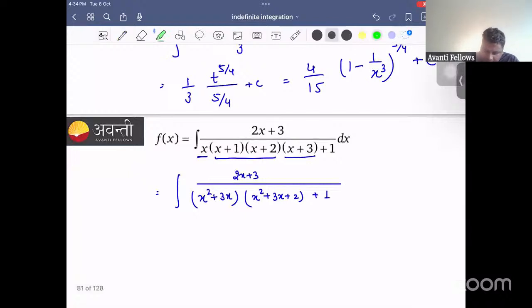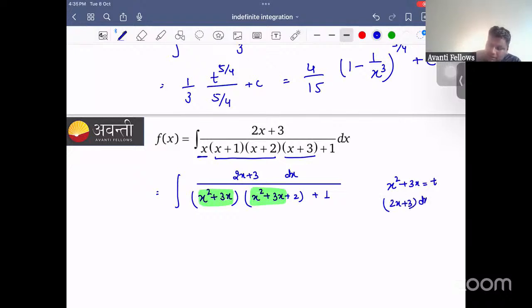Now if you see this x square plus 3x, it is common to both the factors and its derivative is there in the numerator. Yes or no? So if I take x square plus 3x as t, then 2x plus 3 into dx will be dt. So this will be integration dt upon t into (t plus 2) plus 1.